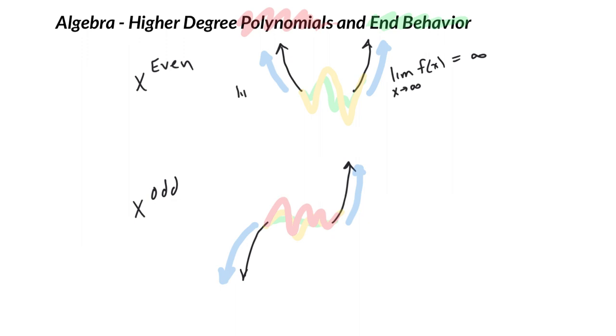Whereas this one, if I keep plugging in bigger and bigger negative values, I'm also going to positive infinity. Over here, if I plug in bigger and bigger positive numbers, it's going up to infinity. But over here, if I'm plugging in bigger and bigger negative numbers, I'm going down to negative infinity. So that's called the end behavior.